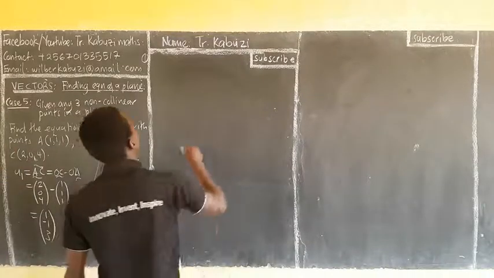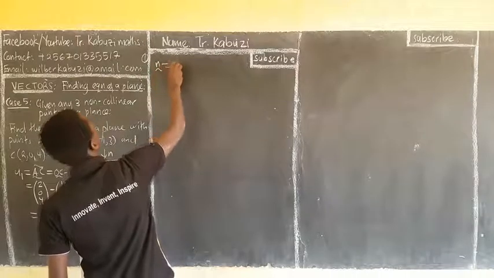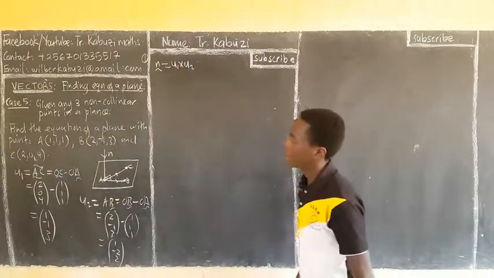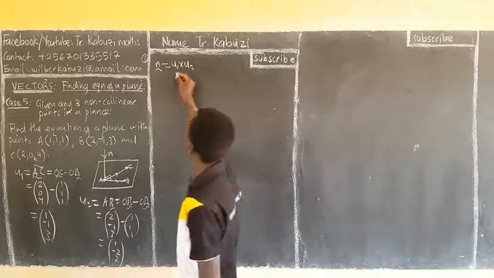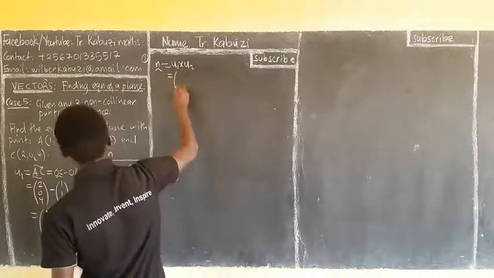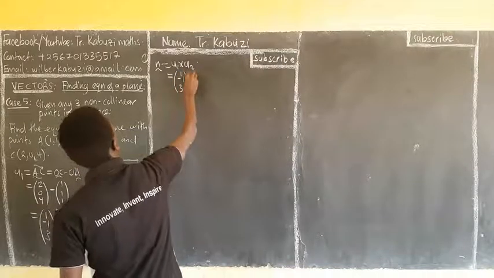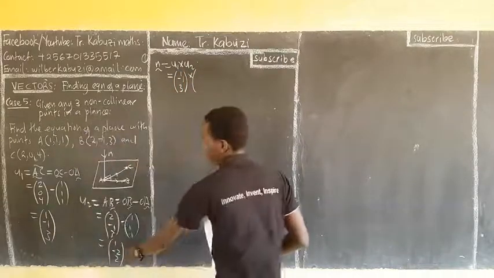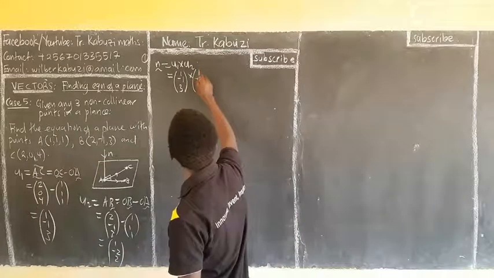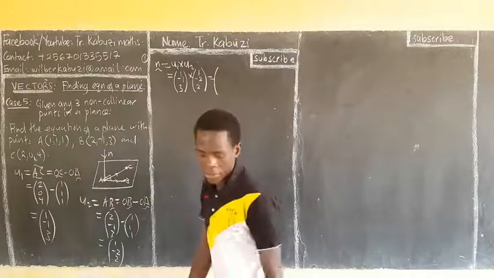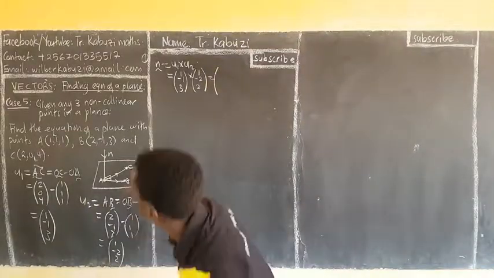Meaning that now, my normal will be given by U1 cross U2. And when you cross these ones, I showed you a simple method.